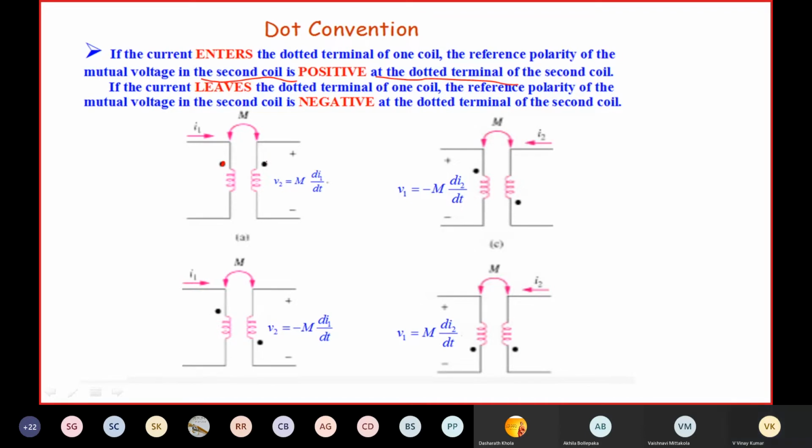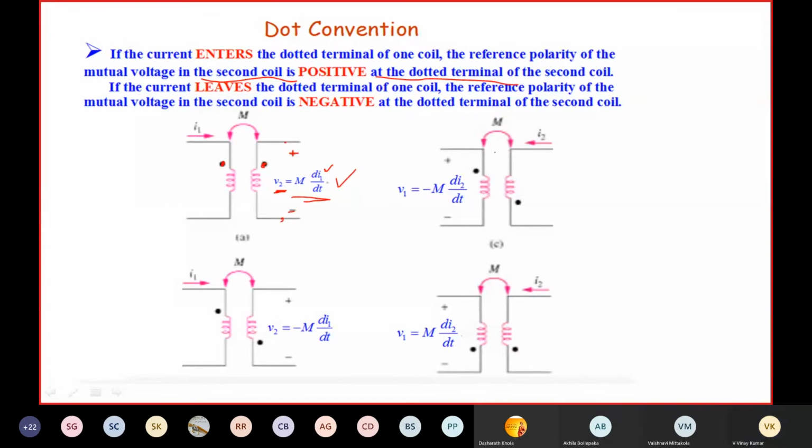So if I1 is entering the dotted terminal in coil 1, then the mutual induced voltage will be positive at this dotted terminal. So plus minus. So V2 is equal to plus M di1 by dt, as we are collecting voltage at this point with respect to this point. Because of this I1 only, EMF will be induced across coil 2, right? So that is the mutual induced EMF in coil 2 because of coil 1 current.